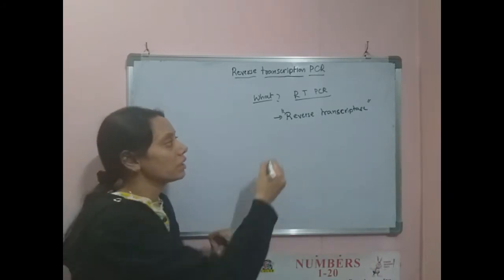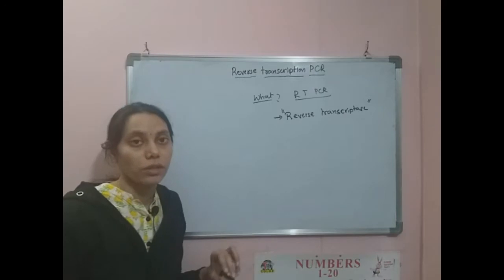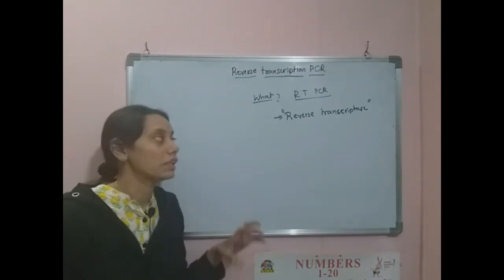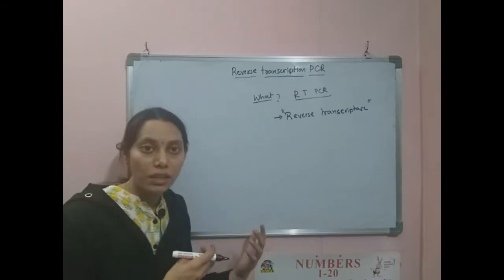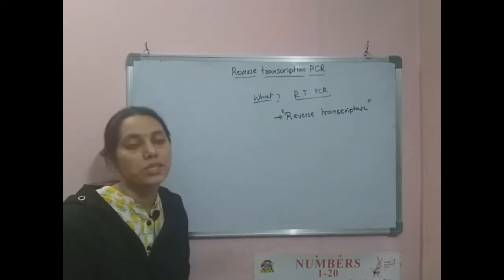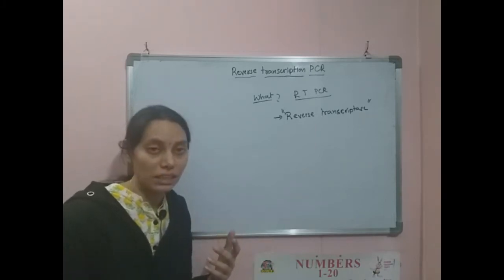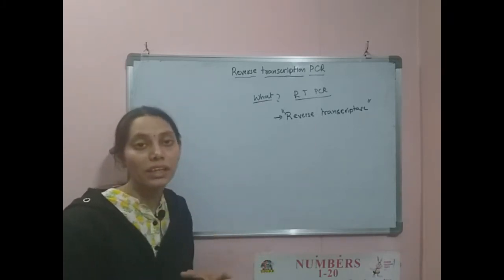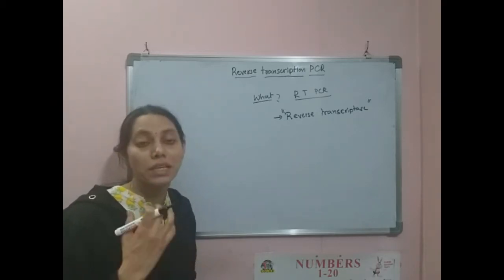Generally it is present in viruses called retroviruses, reverse transcription viruses, and these retroviruses have the ability to copy their RNA, which is their genome. Their RNA genome will be converted into DNA, and that will be incorporated into the host cell, so that the host mechanism is hijacked.